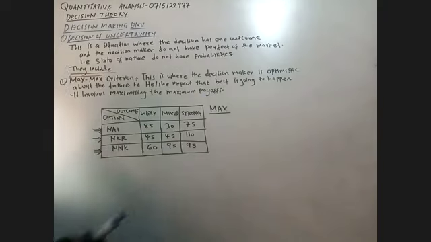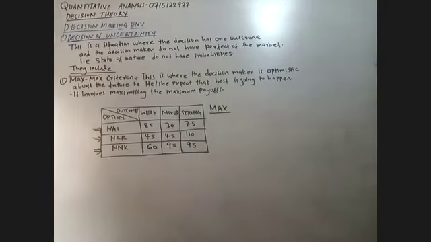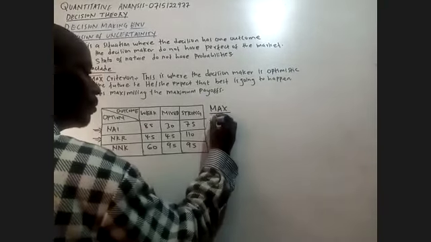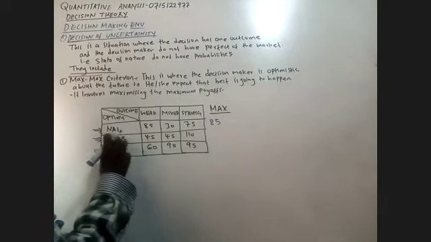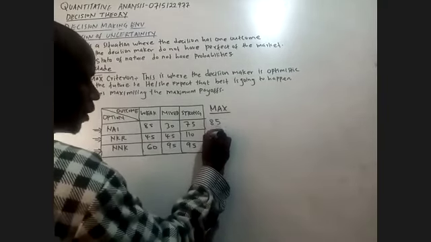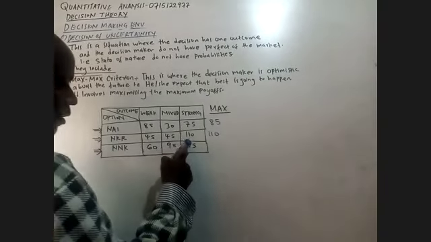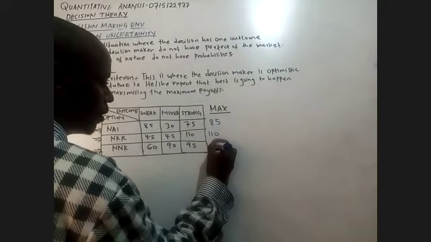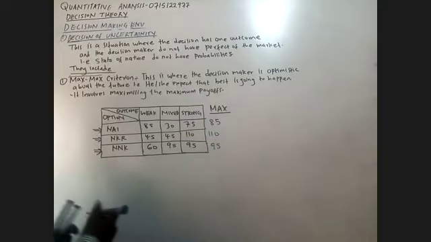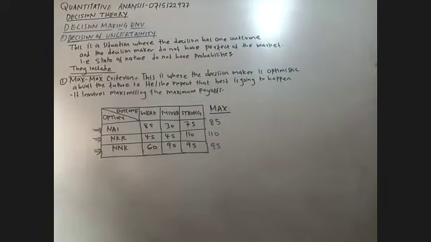The maximum hapa naona ni 85. Kwa Nakuru naona 110. Kwa Nanyuki 95.